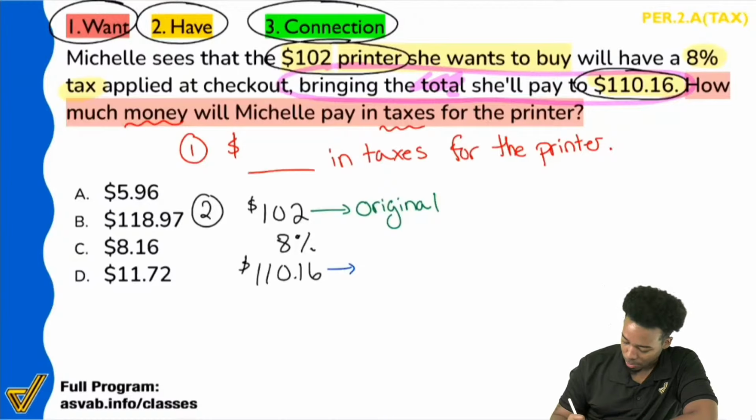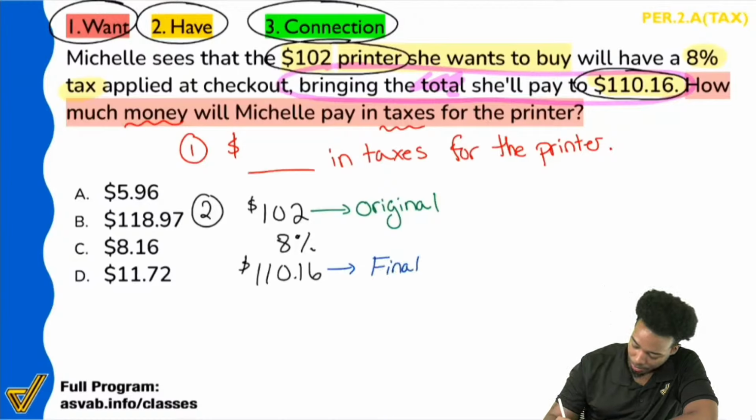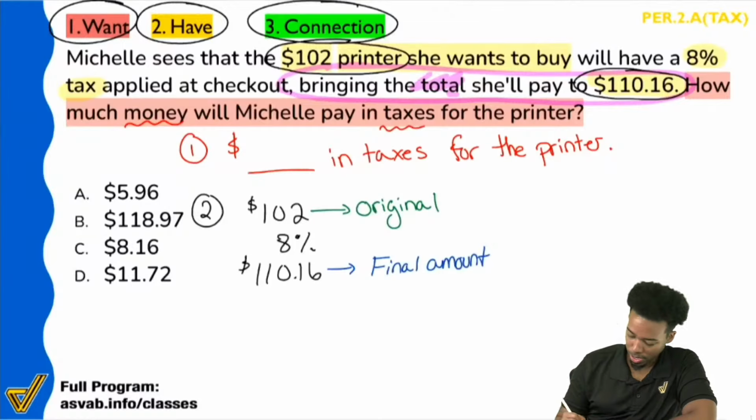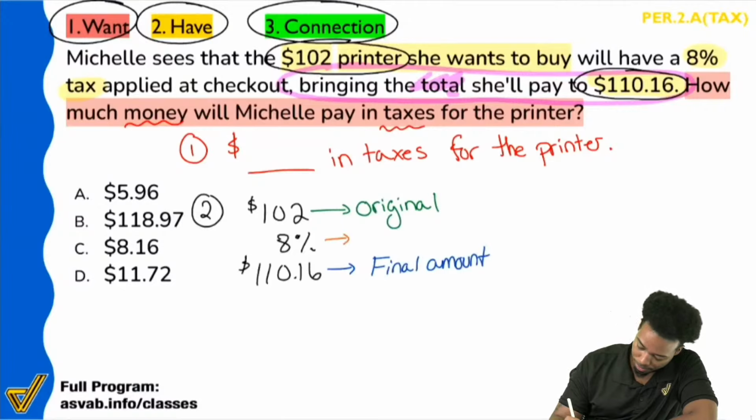So what that tells me is that is the final amount. All right. And then lastly, the 8%. What was that again? That was the tax, right? That was the tax percent, right? That was the tax percent.